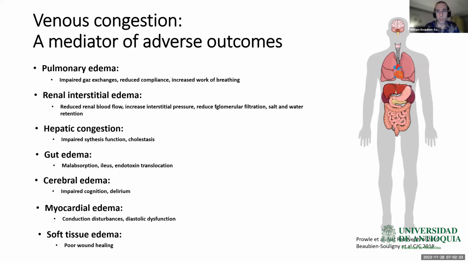So as you can see, those different assessments can be combined. And if you have an abnormal profile in multiple of these sites, it is highly suggestive of adverse venous congestion in your patient, and that can give you some pretty important information about the severity of heart failure. And this can be further quantified.